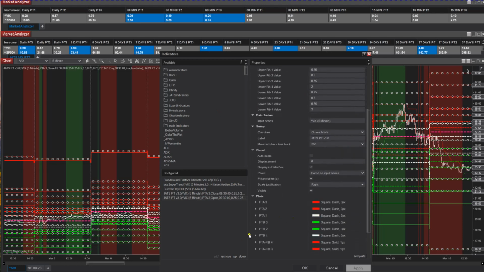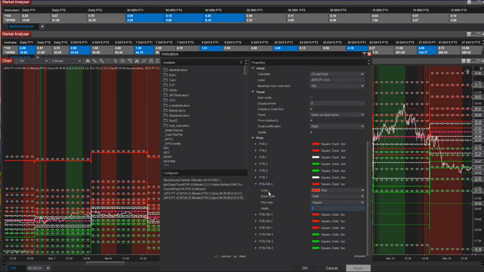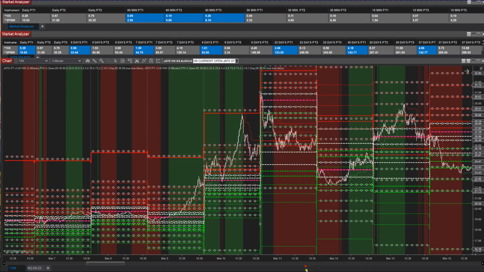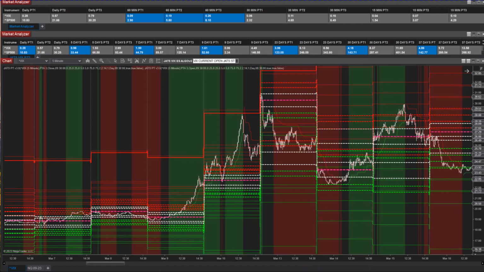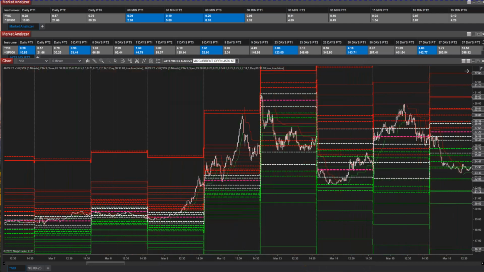So let me put PTA for thickest. Make this dash, so we can see the difference between the open and the close. There we go.